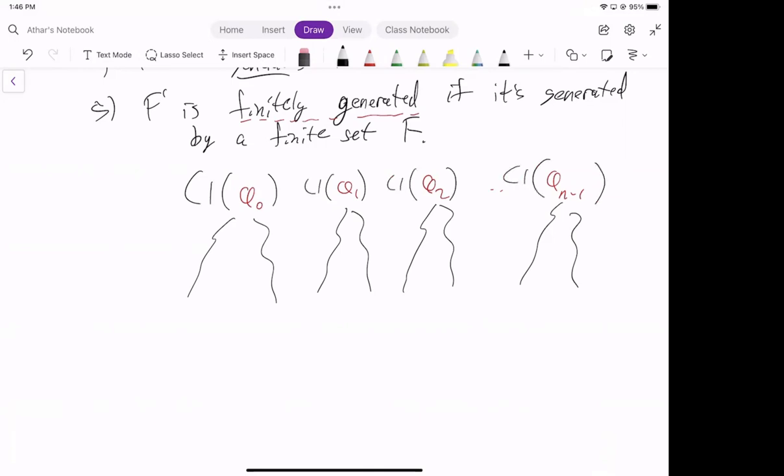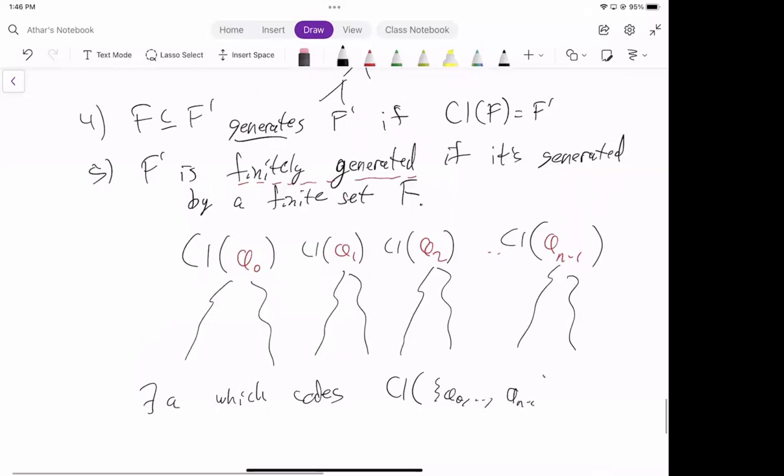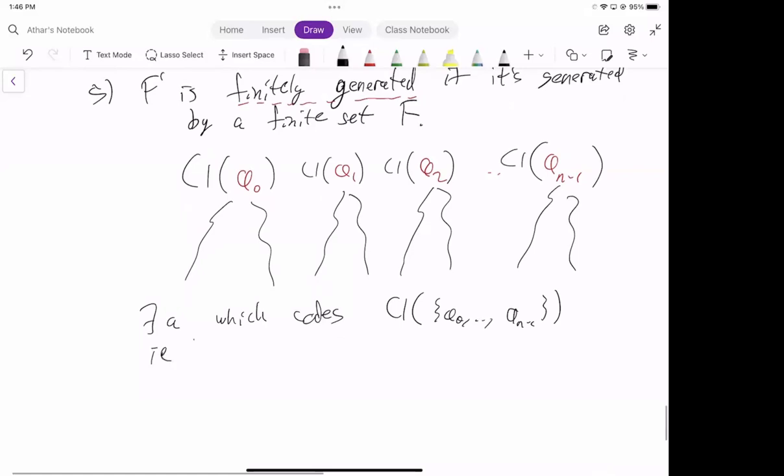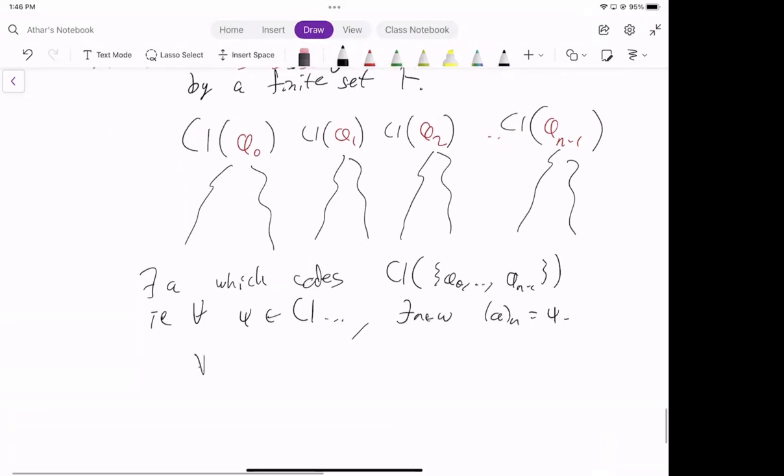Certain things can repeat, that's okay, but if you just want the elements in the closure of phi 0 up to phi n minus 1, there's an A which codes the closure, in the sense that for each psi in this closure, there is an n in omega where a_n is equal to psi, and for each n in omega, a_n is in the closure. Okay.